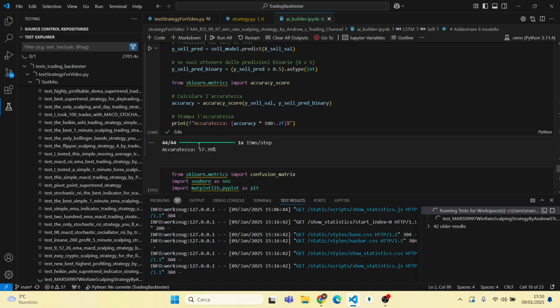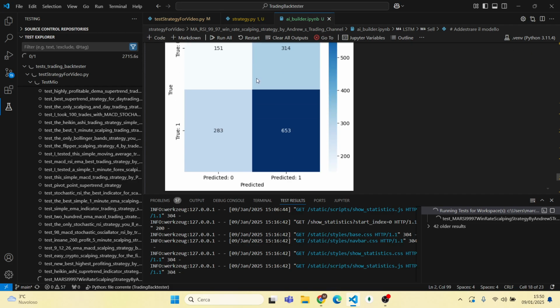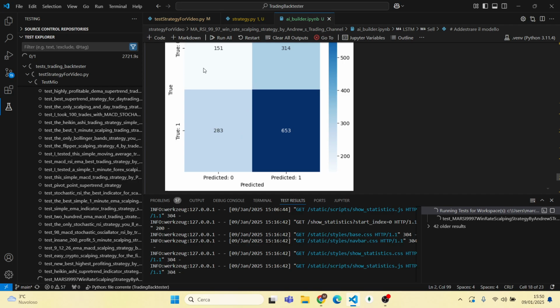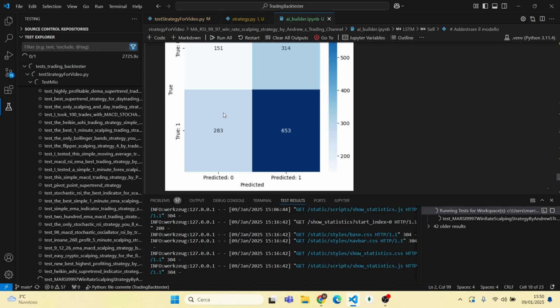Okay, as we can see, on the validation dataset we obtained a 57 as accuracy, and as new sell average success rate, we obtained a 34.79. So yeah, definitely better result than before. But as we can see, the model would have only taken like 400 trades, and maybe new positions will be opened now.